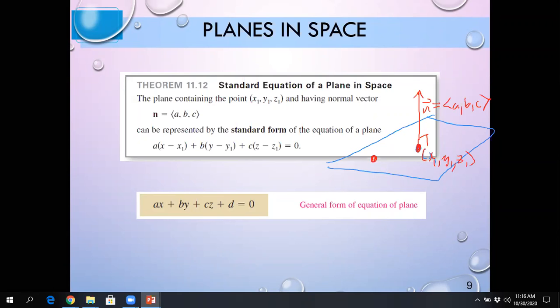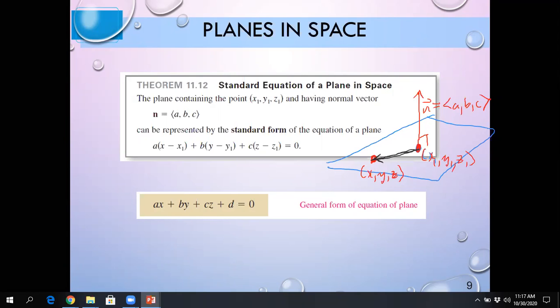Let's give coordinates to this point, maybe x, y, z. Well, you form a vector between those two points. What are the coordinates of that vector?